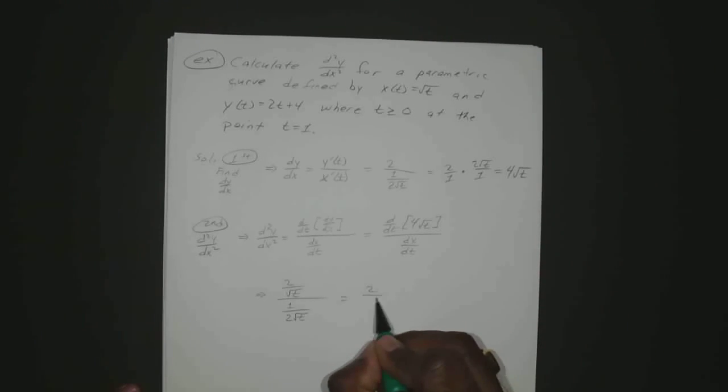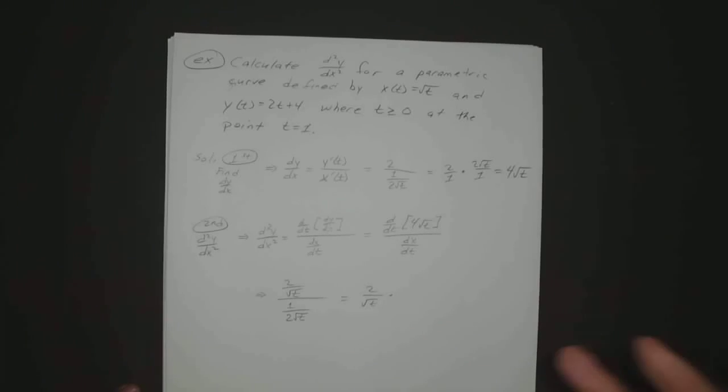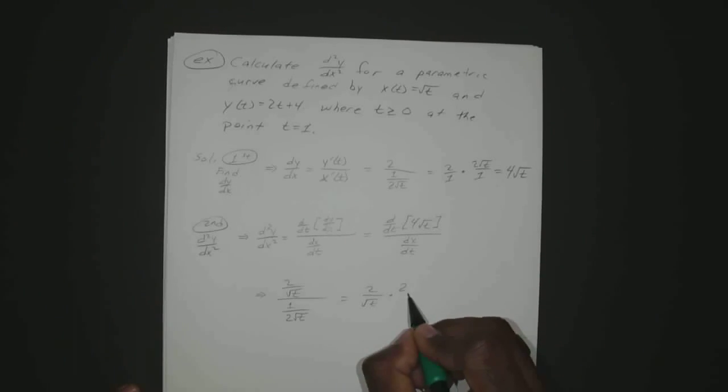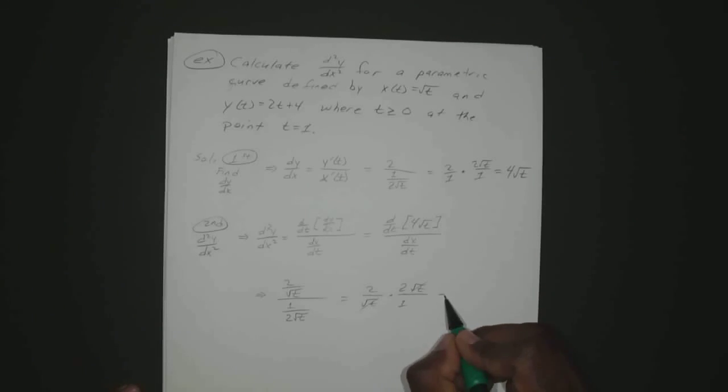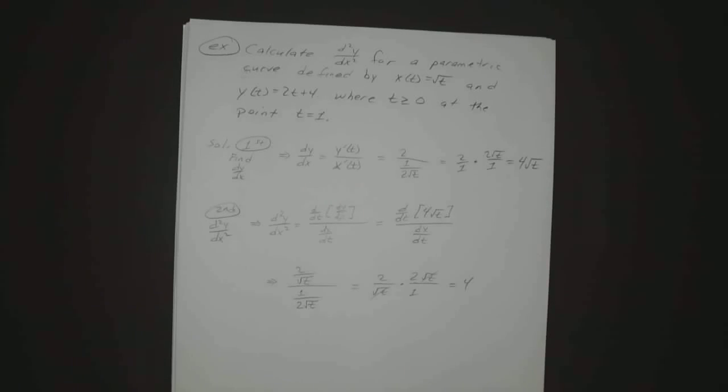That gives us 2 over square root of t times, flip that, 2 square root of t over 1, where those cancel out, so we end up with 4. So in this case, our second derivative is 4 no matter what value of t you plug in.